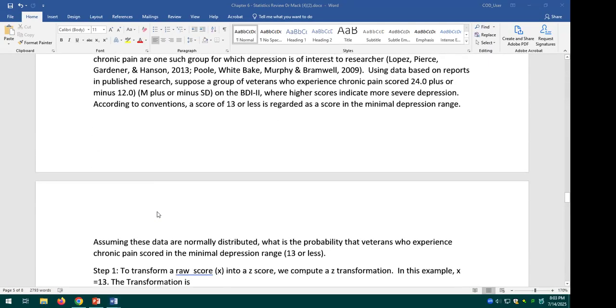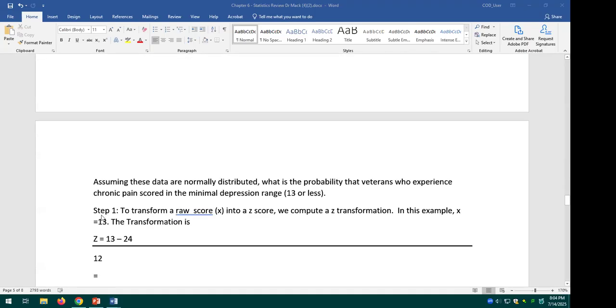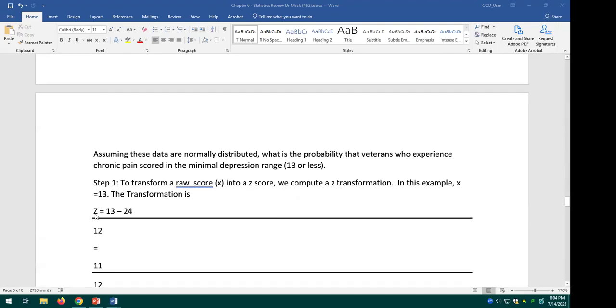So this is locating proportions below the mean, not from the mean and beyond, below the mean. So that changes our math. To transform the raw score x into a z-score, we compute a z transformation. In this example, x is equal to 13.